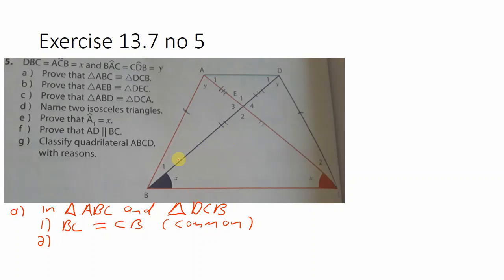Then secondly, we can look at what was actually given to us. We know this angle X and this angle X, they form part of the two triangles. The red one forms part of the red triangle, the blue shaded part forms part of the blue triangle.